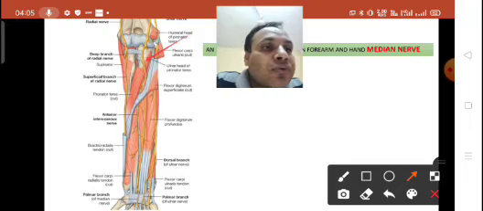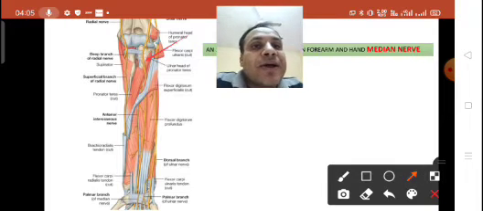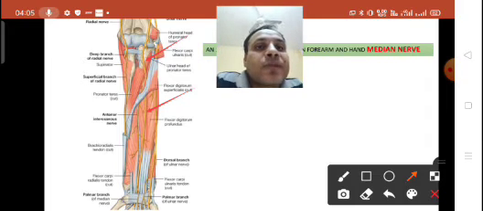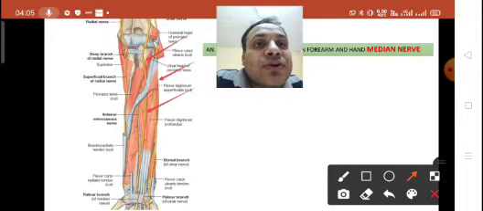In the front of forearm, the median nerve lies between two muscles: the flexor digitorum superficialis muscle, this one, and the flexor digitorum profundus muscle.